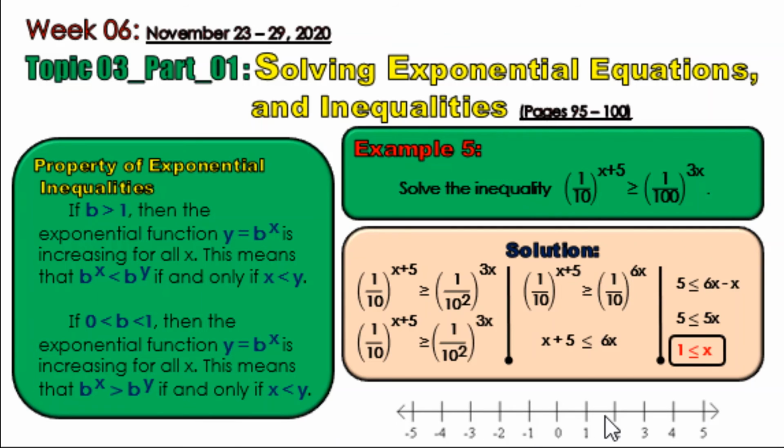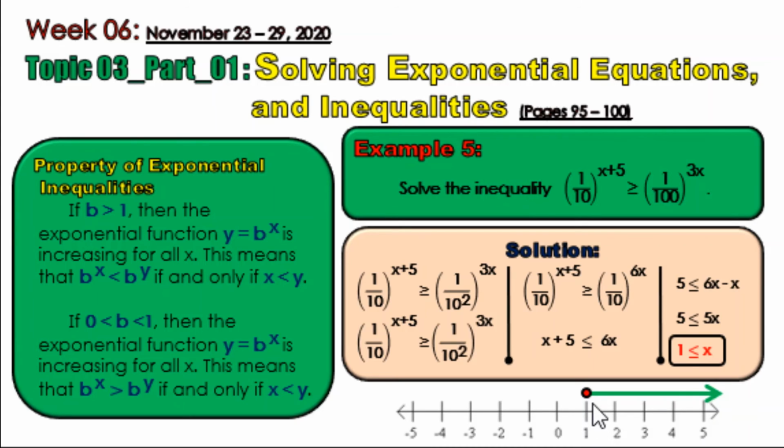If we have our number line, let us visualize the value of x. Okay, so x is greater than or equal to 1. So this is a point and this is not hollow, it is shaded because 1 is part of the solution set.